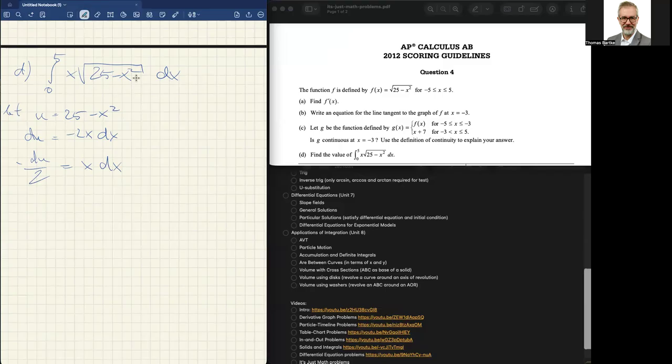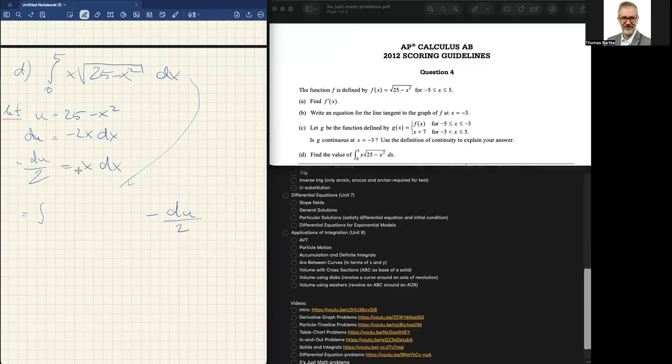And then the inside of the square root is what we're going to replace with the u. So I'm going to come back here and continue that with the u substitution. I'm going to leave the boundaries open for now. I'm just going to replace. So negative du over 2 is going to be back there.